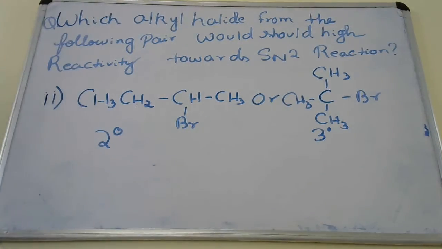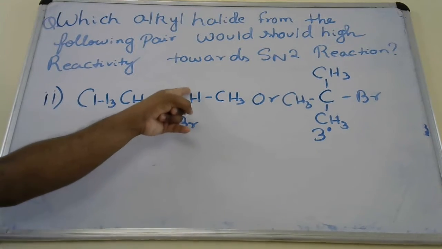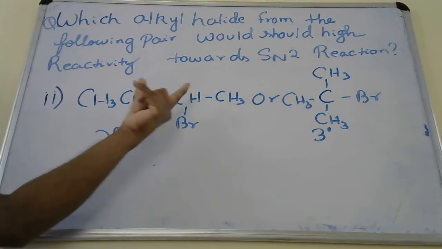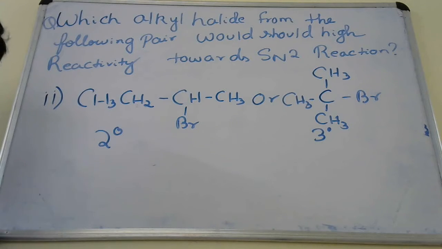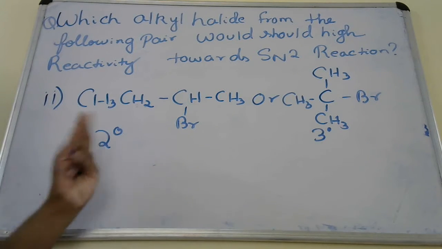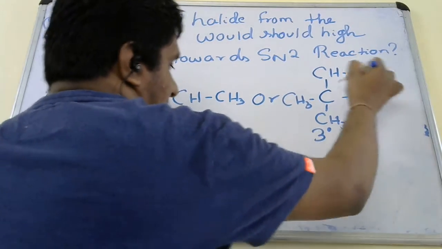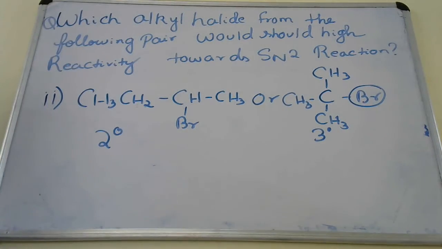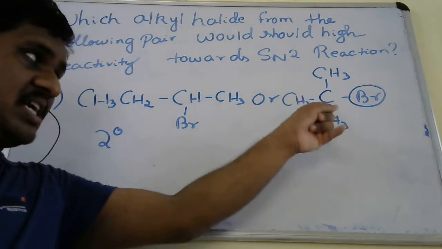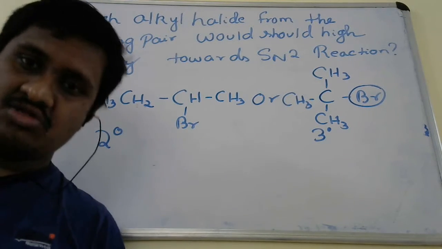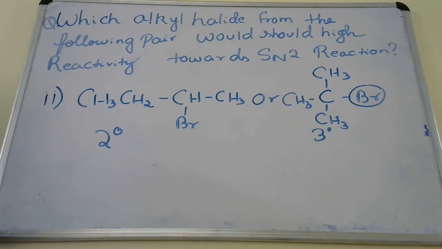Observe it. The halogen is linked to a carbon which is bonded to two carbons, so it is a 2 degree alkyl halide. Whereas here the halogen is bonded to a carbon that is bonded to three different carbons, so this is a 3 degree alkyl halide. Which one is more reactive? Obviously 2 degree, as per the order we just saw: 1 degree greater than 2 degree greater than 3 degree.